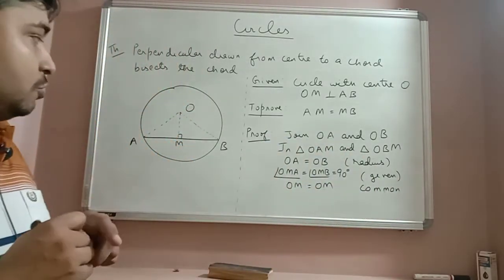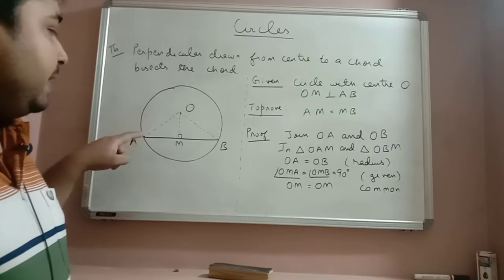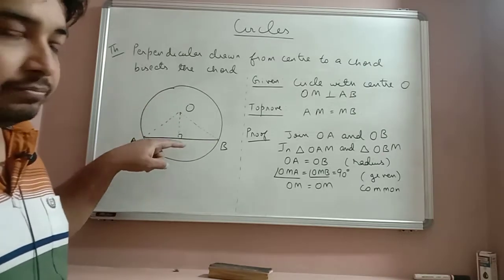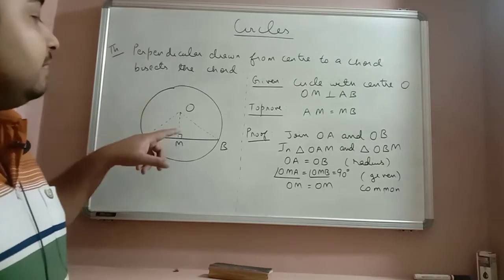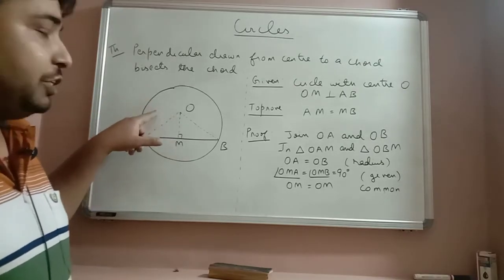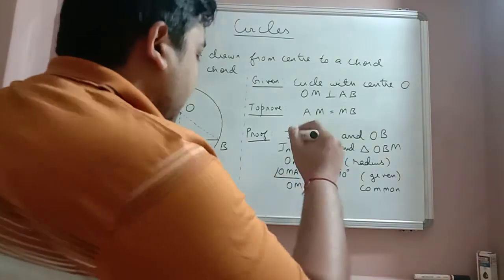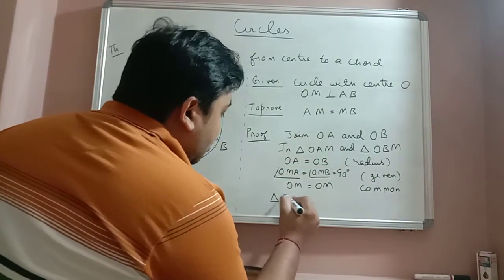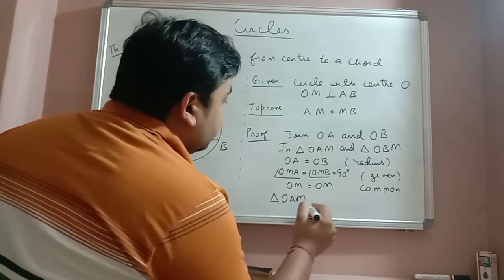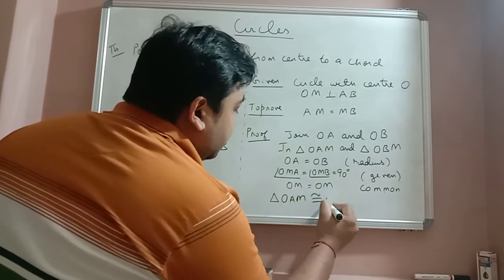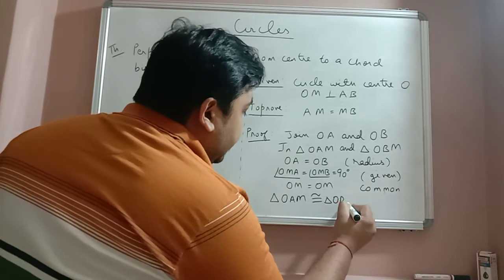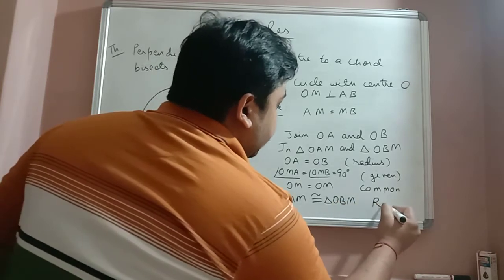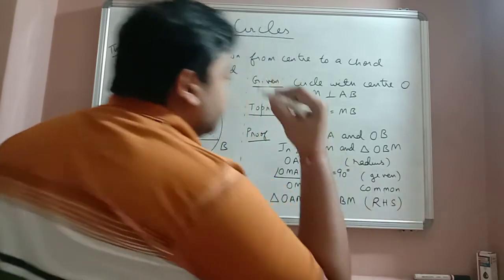So we have these two triangles, triangle OAM is congruent to triangle OBM by the criteria right angle, hypotenuse, side, that is RHS.